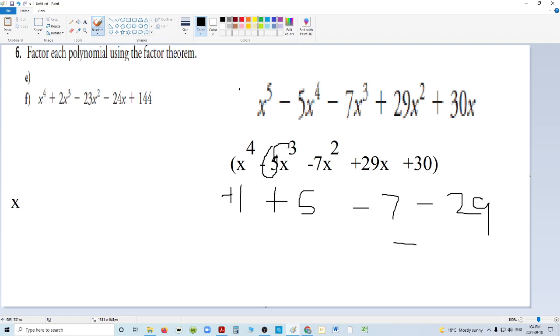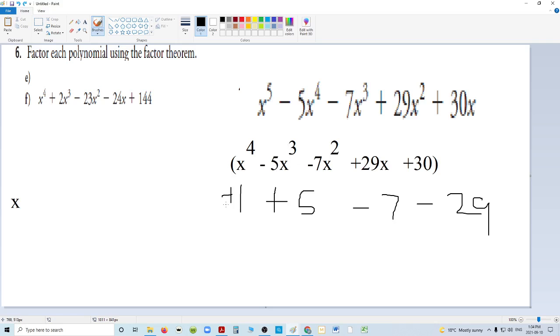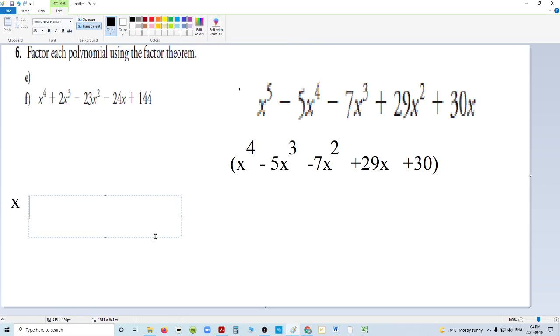Because it's minus 5 times minus 1. So that did indeed create an error for me. Because 30 plus 5 plus 1 is 36. And minus 29 minus 7 is minus 36. So right away, I made an error. But I did figure out that x plus 1 is indeed a factor, because minus 1 is a root.